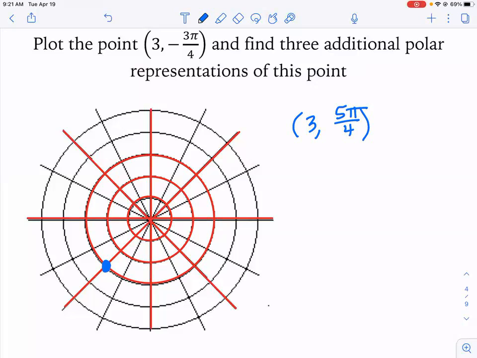Now, going back to what we first wrote down, r is a directed distance from the origin. Directed distance. That means r could be positive or r could be negative. If r is negative, that means we're moving backwards. So bear with me here.